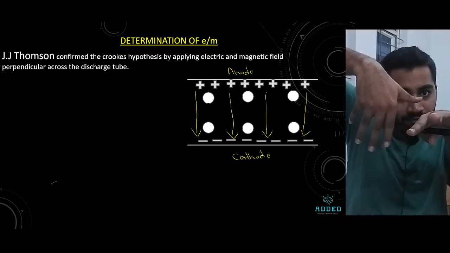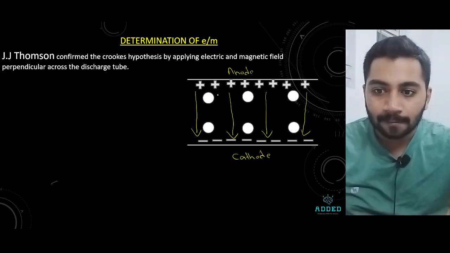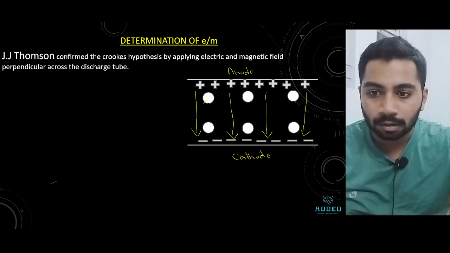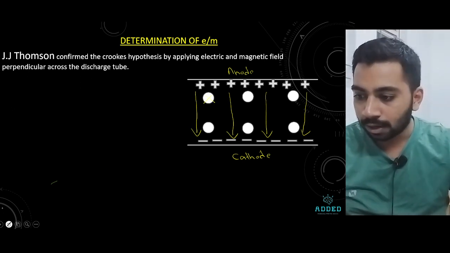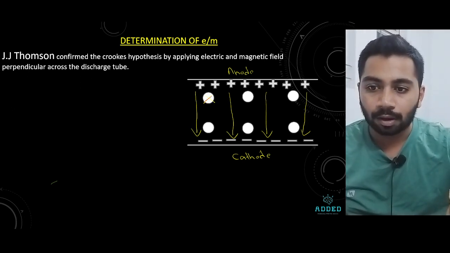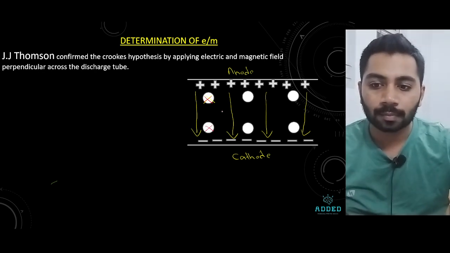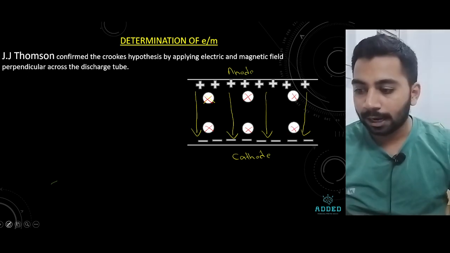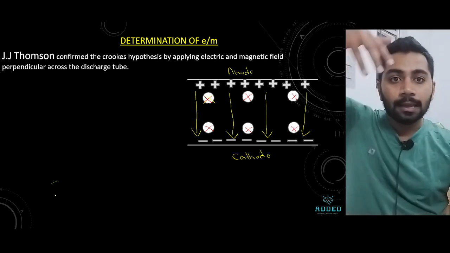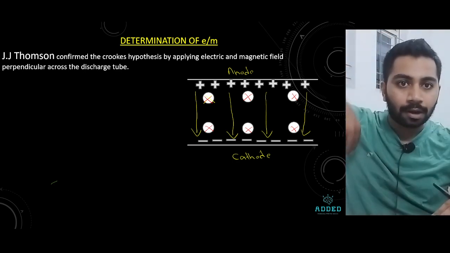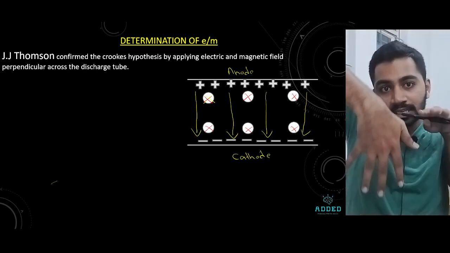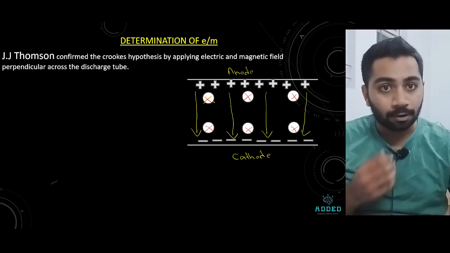For this magnetic field, I can write it as into the page. Try to understand as much as you can. Positive here, negative here. Now the electric field goes like this, and the magnetic field goes perpendicular to it.